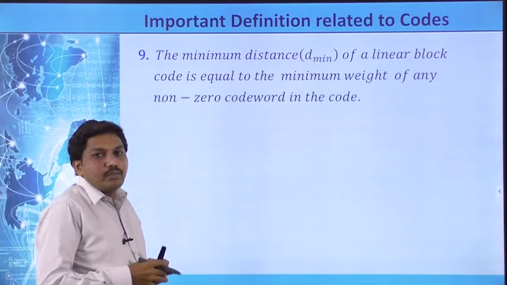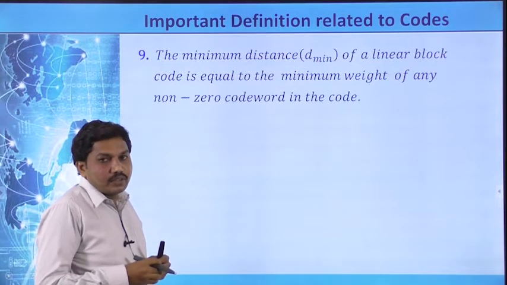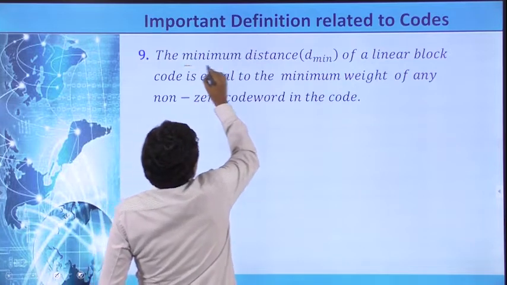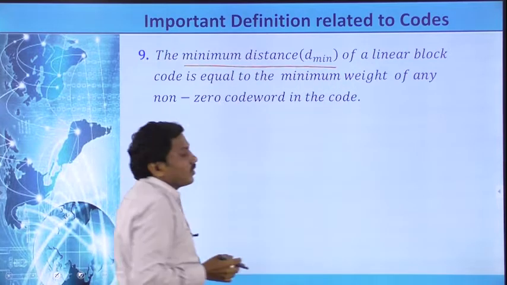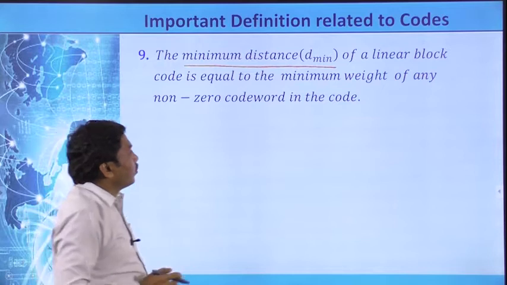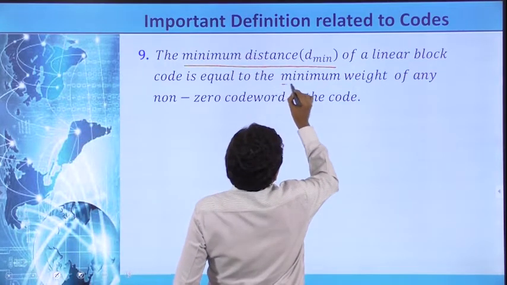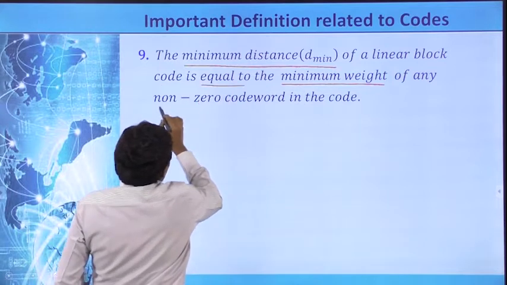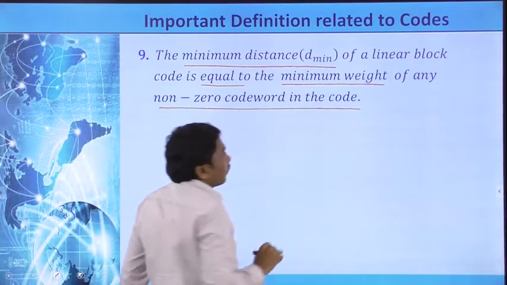An important point you can note down here is that the minimum distance in a linear block code is always equal to the minimum weight of a non-zero code word in the code.